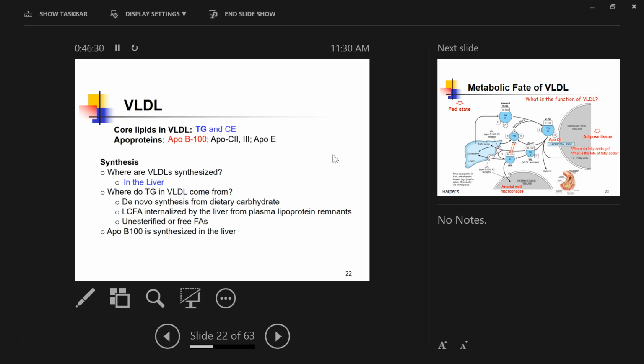So again, the destination of VLDL is different depending on the nutritional state, right? In the fed condition, the majority of VLDL goes to the adipose tissue for storage. And during the fasting, the liver can still synthesize VLDL, right?